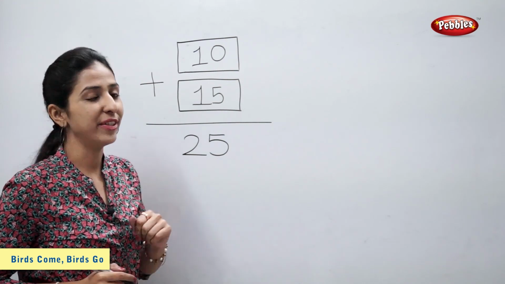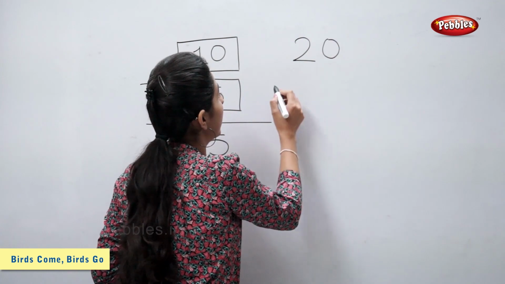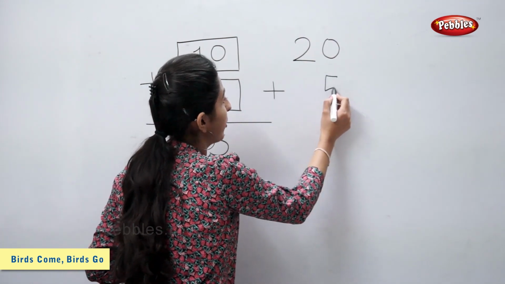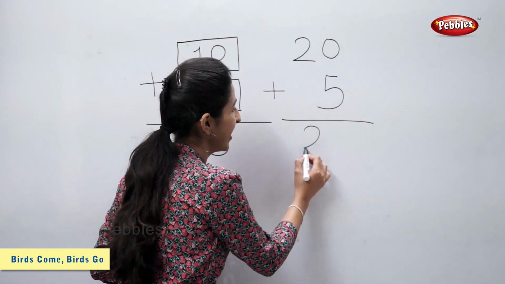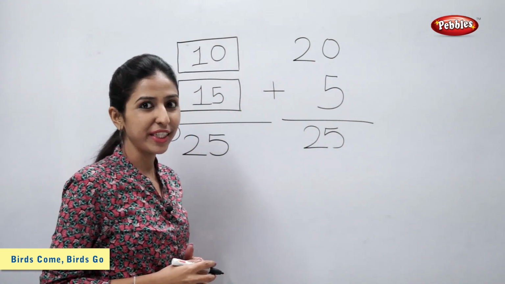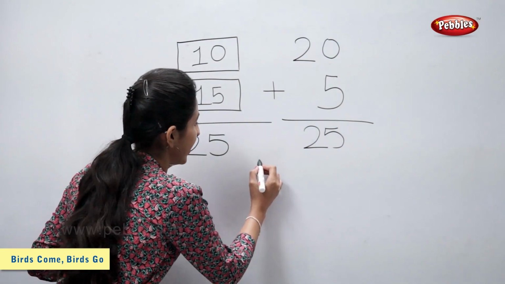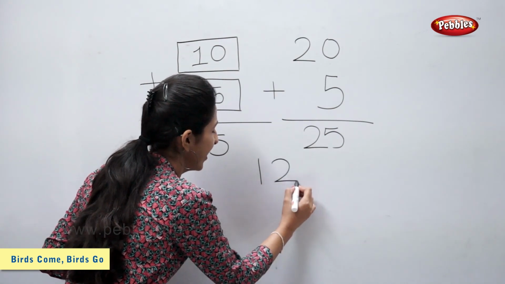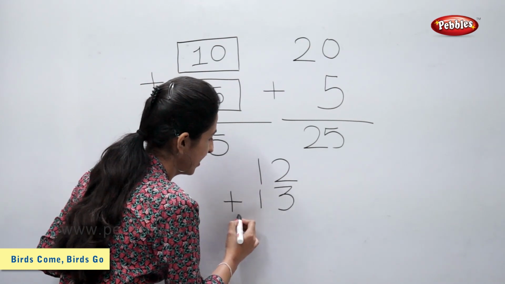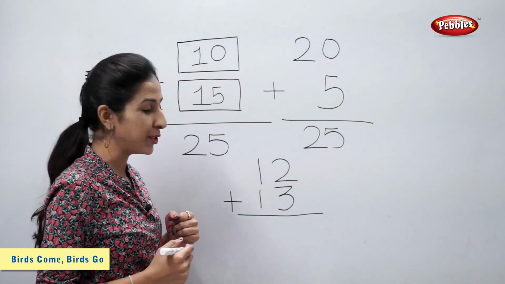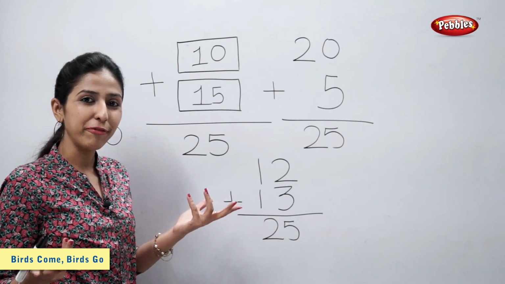Similarly, I can write 20 plus 5 for getting 25. I can give you one more combination. 12 plus 13 is also equal to 25.